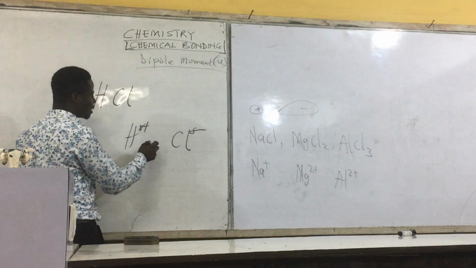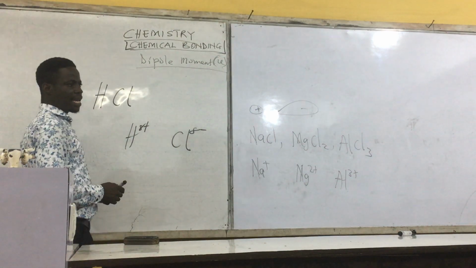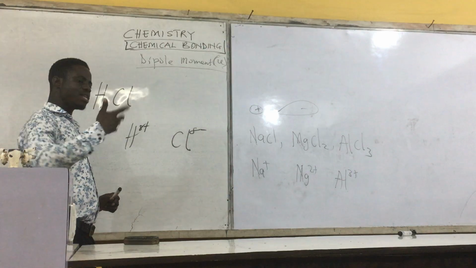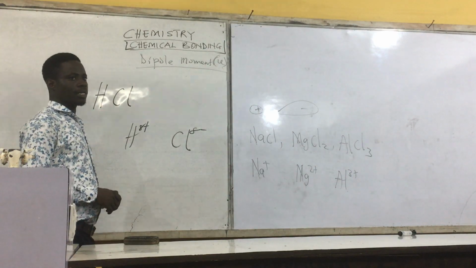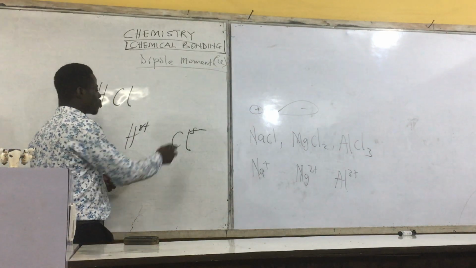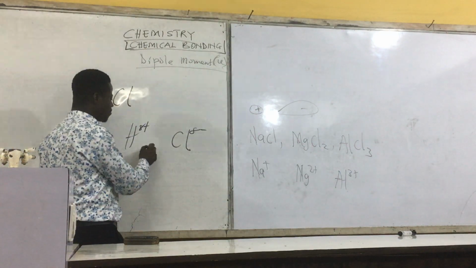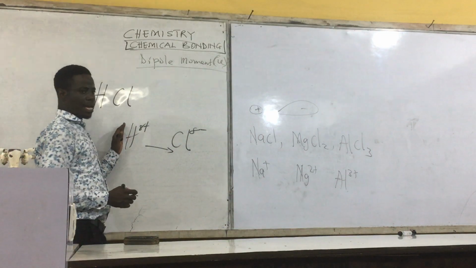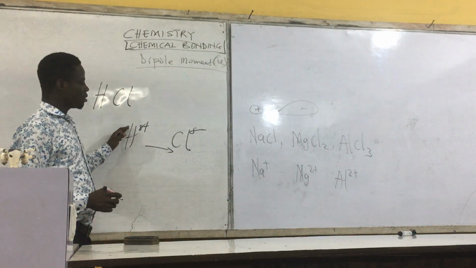So what is happening here is that one of the elements is more electronegative. In terms of electronegativity, chlorine is more electronegative than hydrogen.